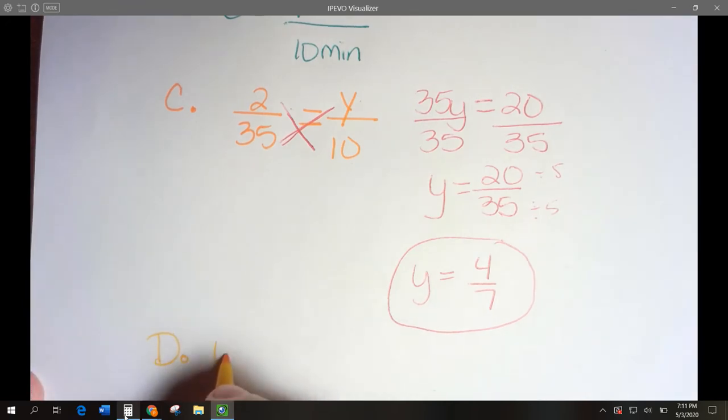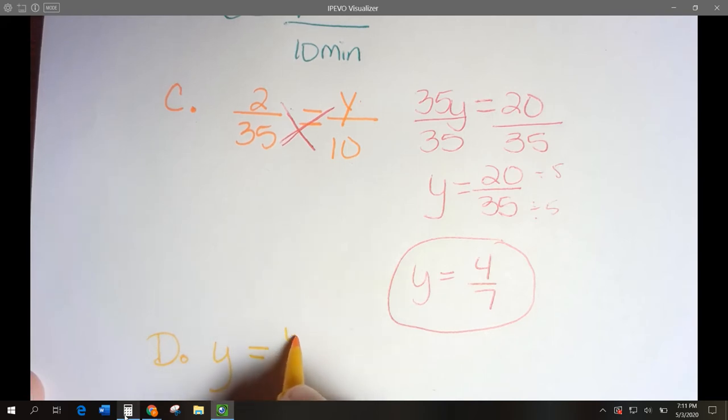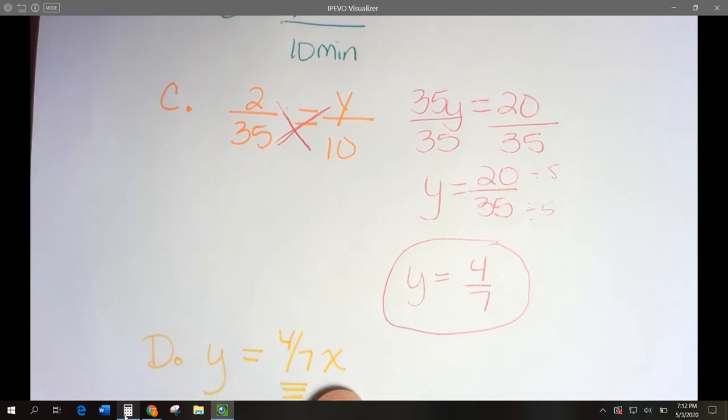So our distance is going to equal 4/7 times our time. 4/7 is our constant rate of speed. We multiply it by how many units of time we do, and that'll give us our units in distance. So y equals 4/7x, where 4/7 is our constant rate of speed. Let's go on to number 2.